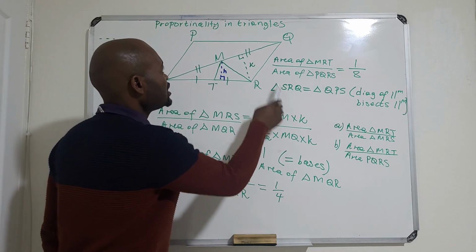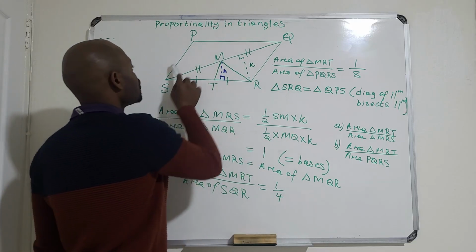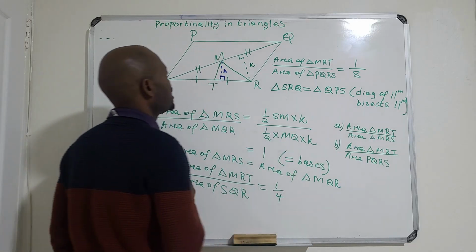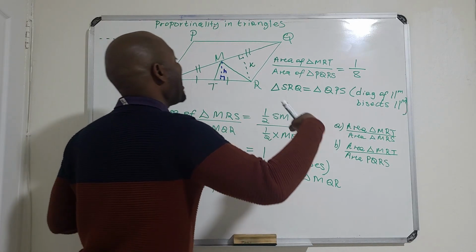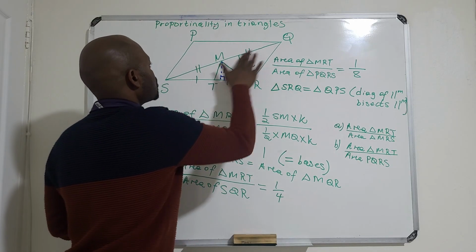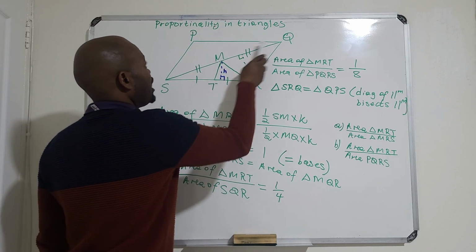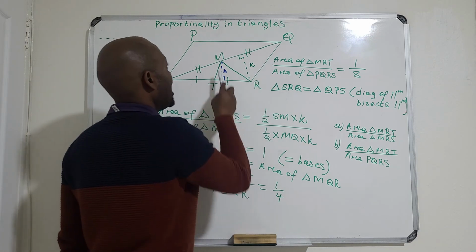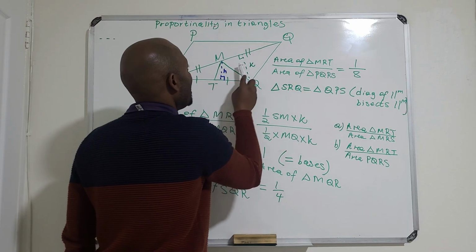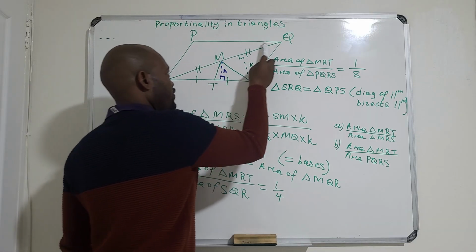Now, since the area of this triangle is equal to the area of this triangle, we know the diagonals of a parallelogram bisect the parallelogram. They bisect the area of the parallelogram. Therefore, the area here is equal to the area there. Since this triangle is 4 times here, and 4 times here, it means that even here it is 4 times.